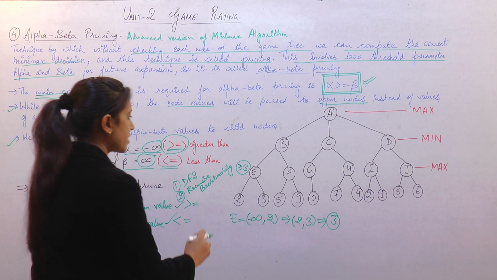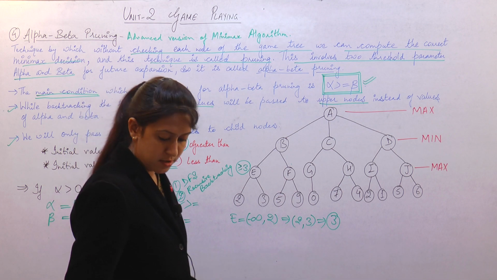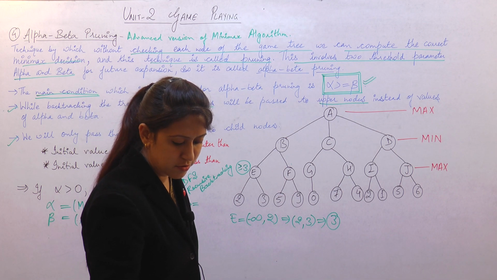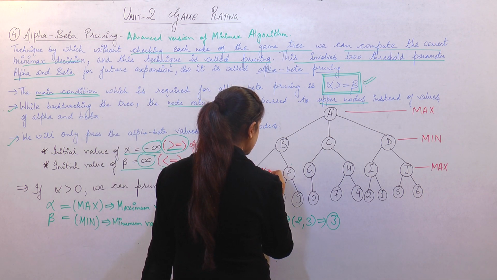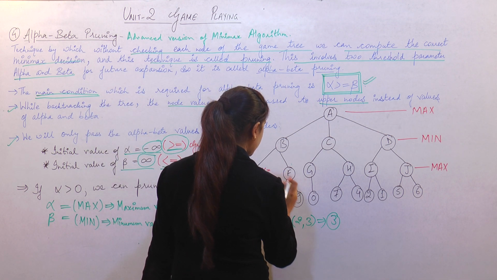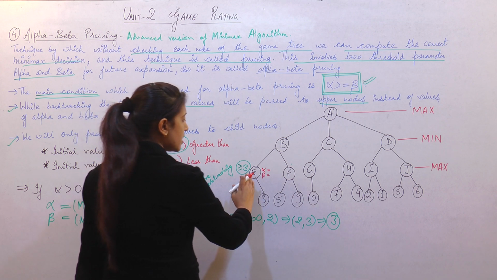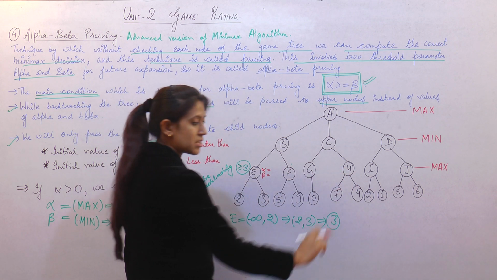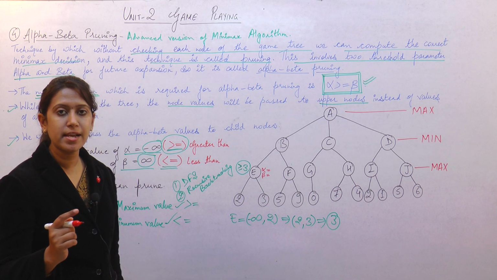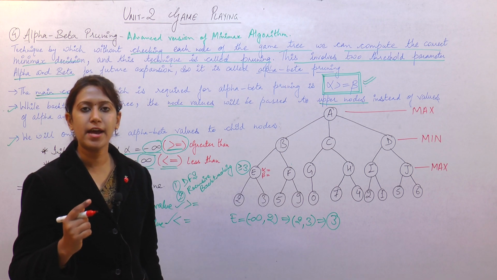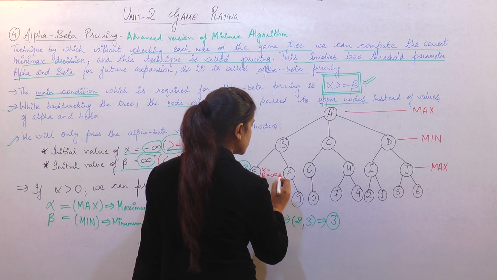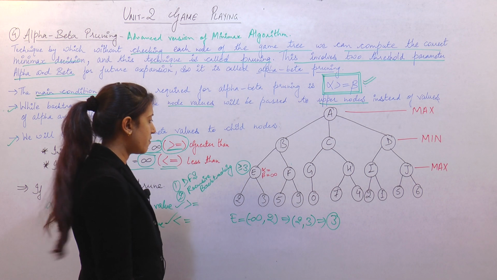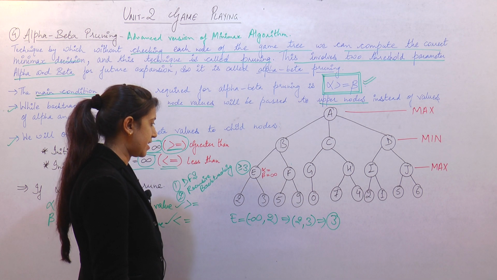Now for calculating the values of alpha and beta at node E: since at this level max is playing, we will calculate the value of alpha only. That means the value of beta will remain unchanged, and the initial value of beta is infinite, so beta will be infinite.